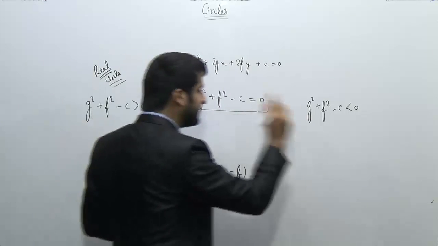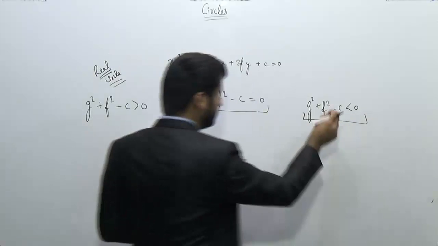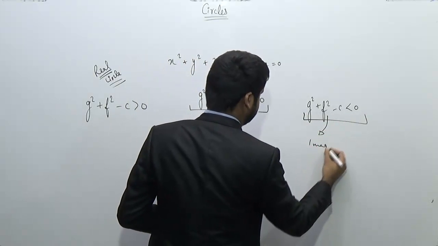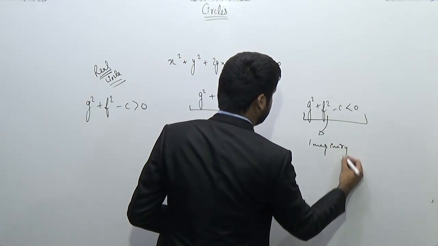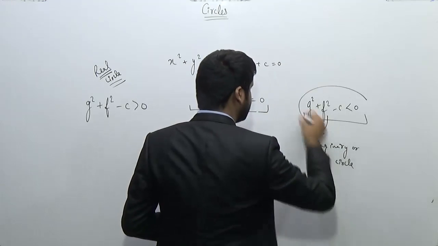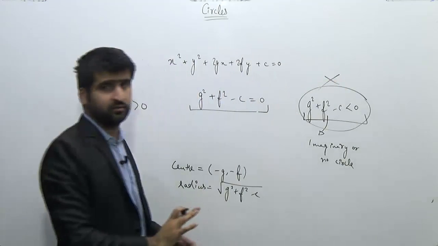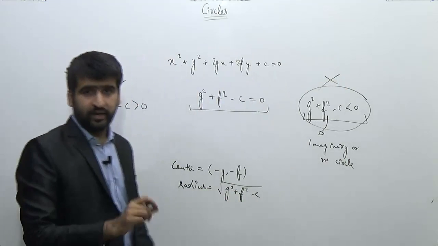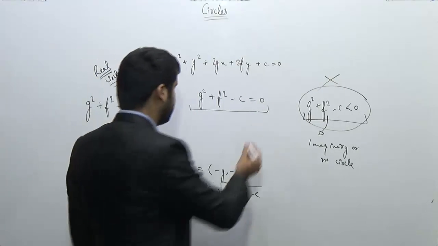If this value is less than 0, this will denote an imaginary circle, or no circle. This is a condition when a circle does not exist, because we cannot get a square root of a negative number.